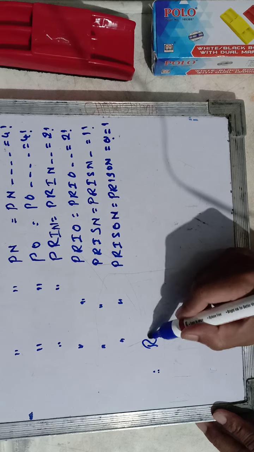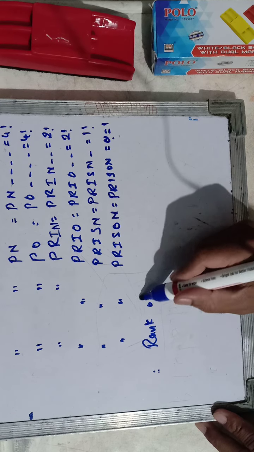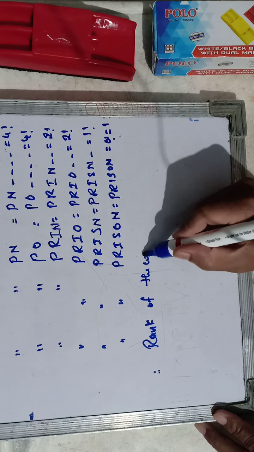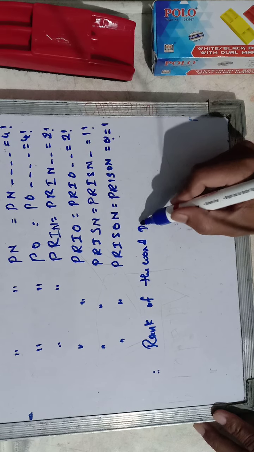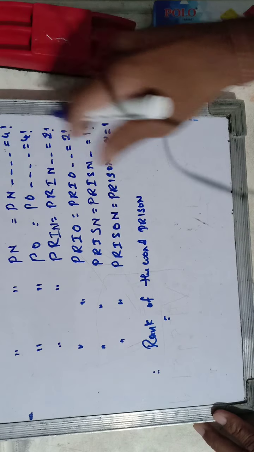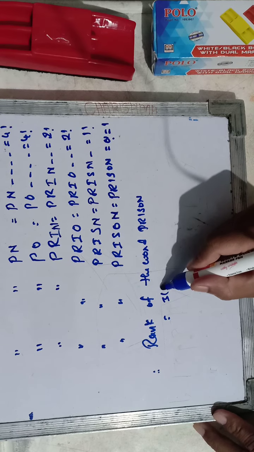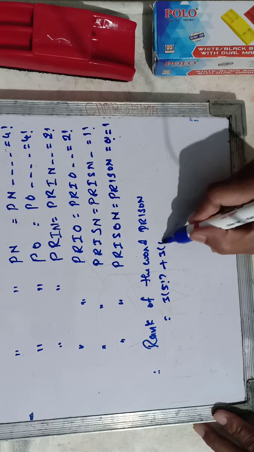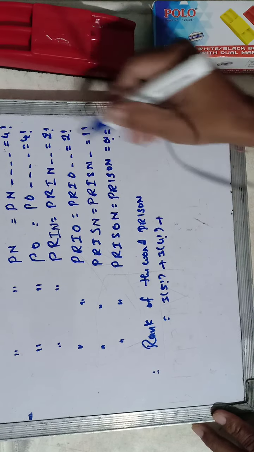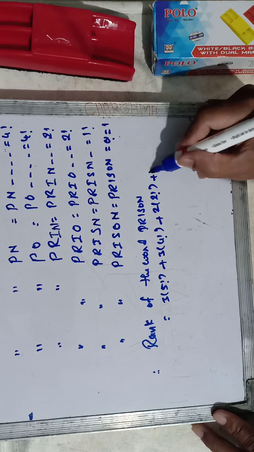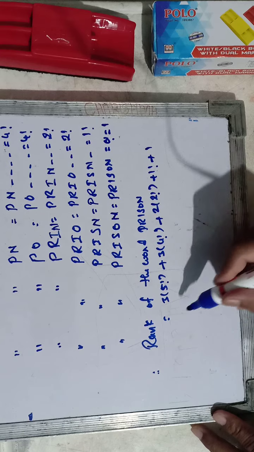Therefore, the rank of the word is the sum of all these values. How many 5 factorials? 3 there. 4 factorials? 3 there. 2 factorials? 2 there. 1 factorial? 1 there. 0 factorial? 1.